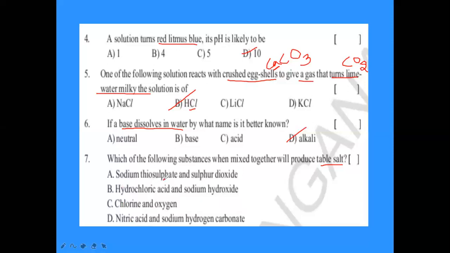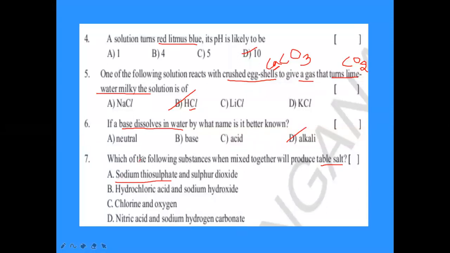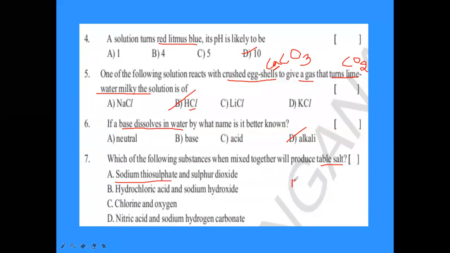Sodium thiosulfate. Sodium thiosulfate means hypo. Remember, sodium thiosulfate means hypo solution. Na2S2O3 is called what?